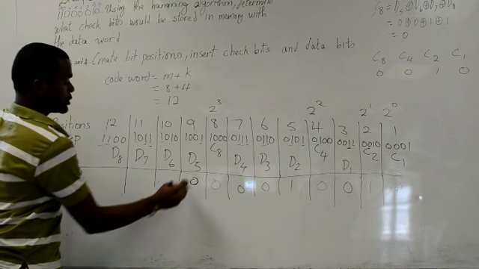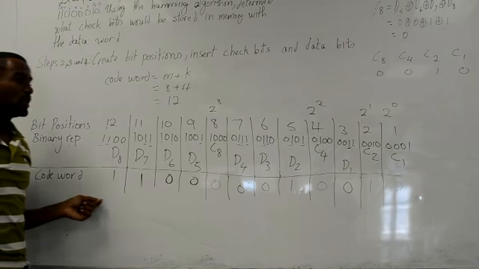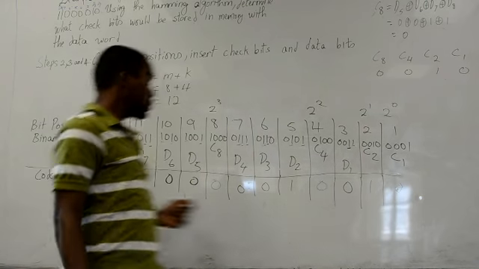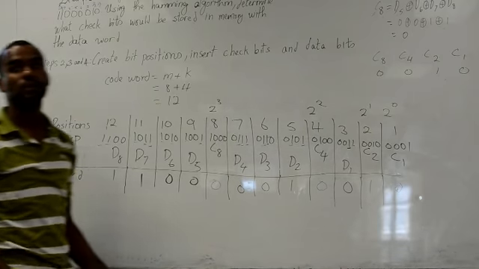So we have 0, 0, 1, 1. So this is the actual word, or the code word, that is stored in memory.